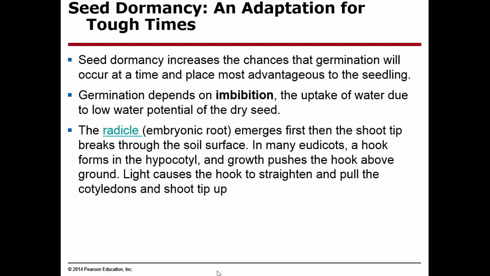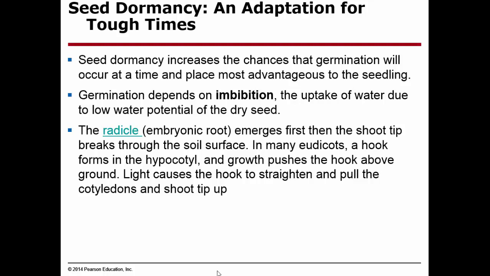Okay, so the radicle, which is the embryonic portion of the root, first breaks out of the seed coat and begins absorbing nutrients. That helps the rest of the embryo to grow, and then eventually the tip of the shoot, that's the portion of the plant that'll grow upwards away from the ground, breaks through the soil surface.